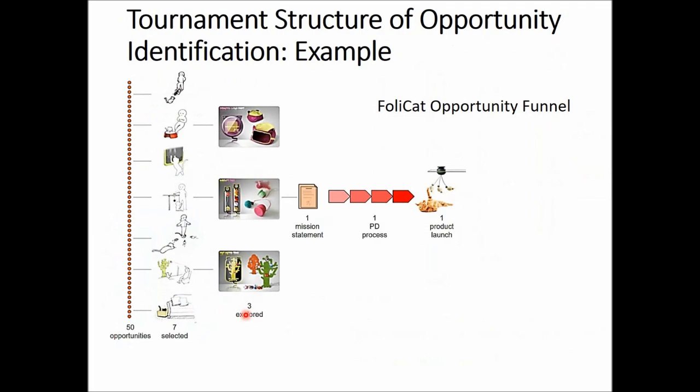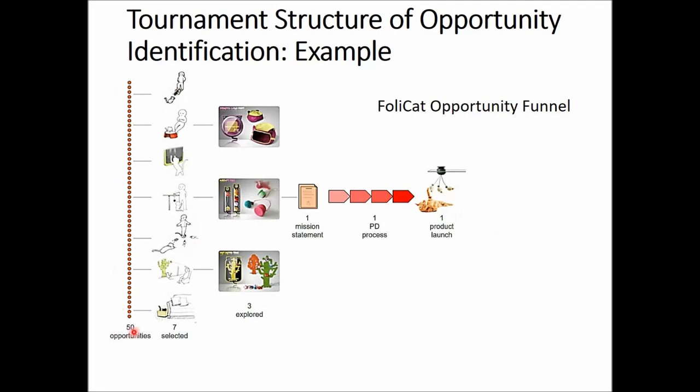So if you look at one of the examples given in the textbook, that is the Polycat company, the cat toy development project. This is how they produced their final product.